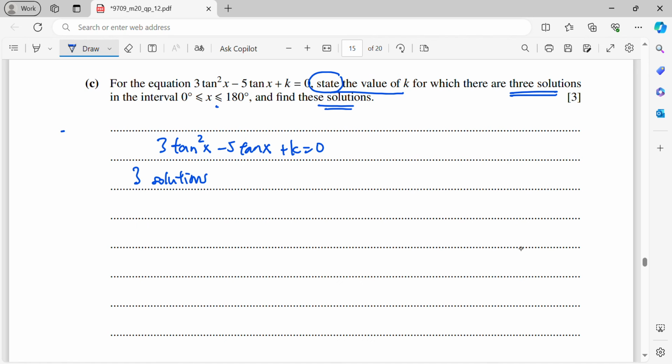Now when you check here, if your k is non-zero, you will always get a quadratic equation. And then from the quadratic equation, to get the value, later you will get the tan value. Tan x is how much, then you solve that. So to get 3 solutions, you look at the tangent graph. This is our tangent graph.